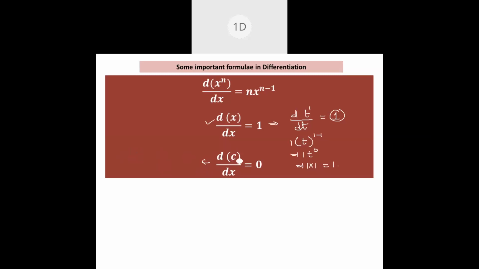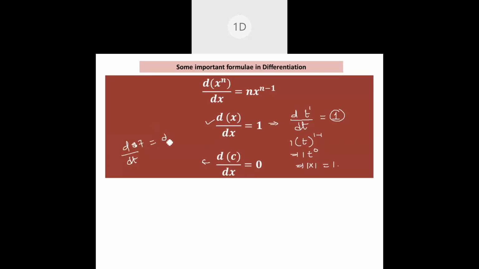What about this constant? I don't have t only. Variable is not there. You can't differentiate. When variable is not there, no differentiation is possible. In literal terms, you can't even differentiate. So that's why 0. Or if you want to apply the formula, see, d by dt of some constant. Suppose 7 is the constant.